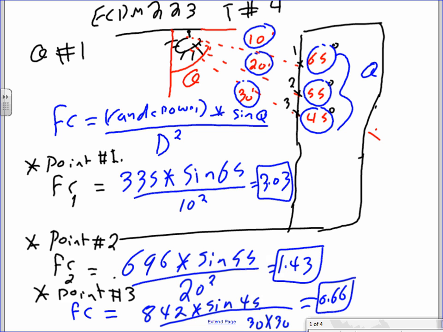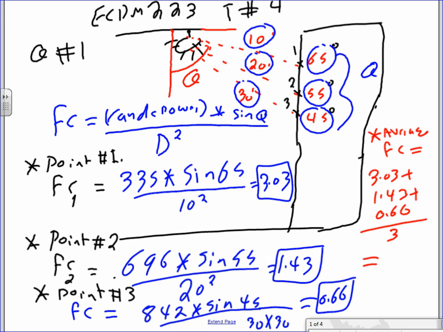Now we need to find the average. Did they ask about the maximum or minimum? If I ask you about max and minimum, here's your minimum, here's your max. The average: you add them up, 3.03 plus 1.43 plus 0.66, divided by 3.